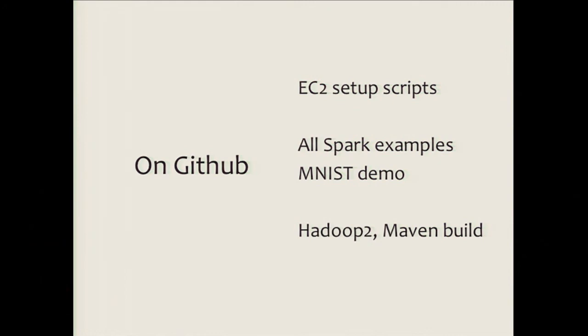SparkR does support running applications on EC2 now, and we have also ported all of the standard Spark examples, such as k-means, to SparkR. That shows the completeness of the SparkR API. Also available is the MNIST demo program I just showed you. We also have some instructions on the Hadoop 2 and Maven build, which might be very useful for some users.